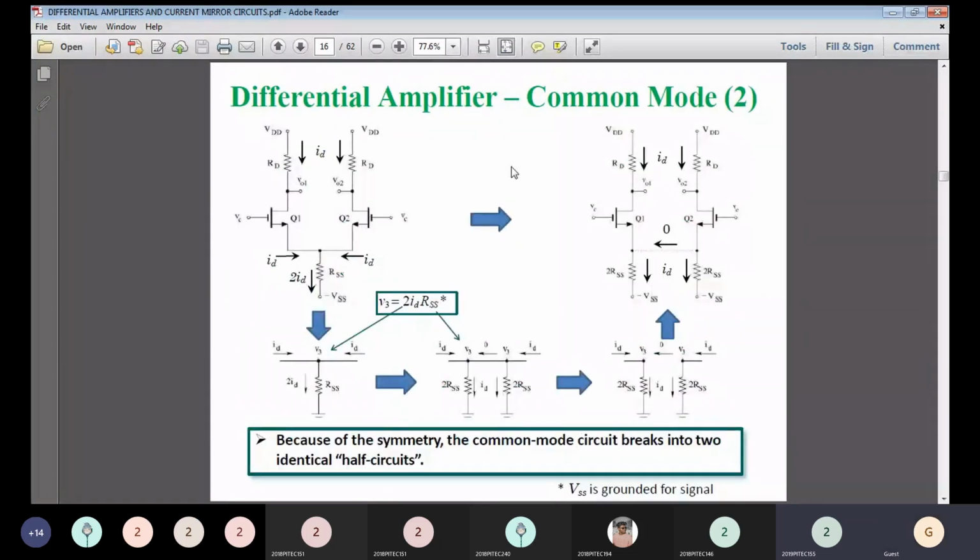And again, in the common mode case, the calculation for the ID current. So here, this is the path of ID1, and this is the path of ID2 from transistor 2. Both are combined through a source resistor. So this is your 2ID. That 2ID value is split. This is one node, and this is one branch, and this is again another branch.